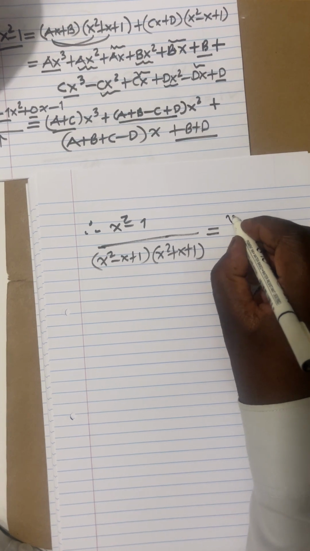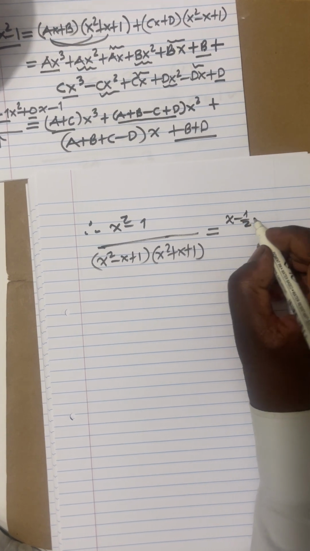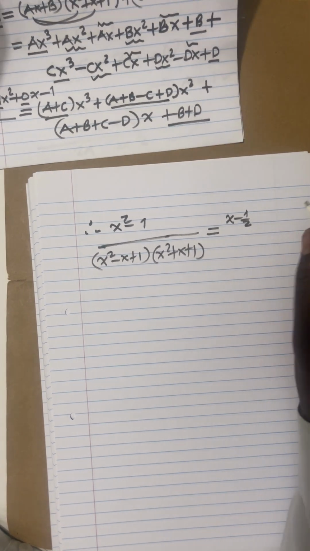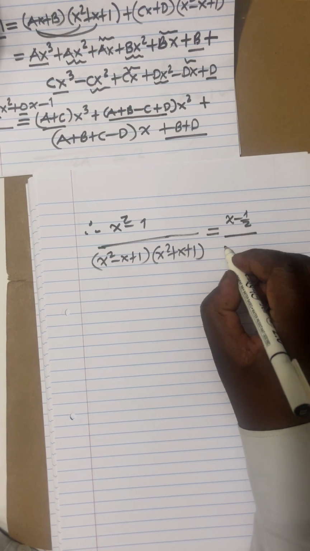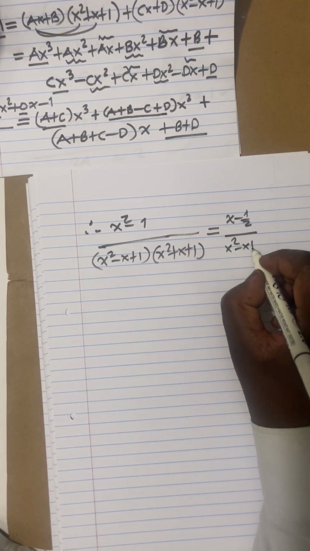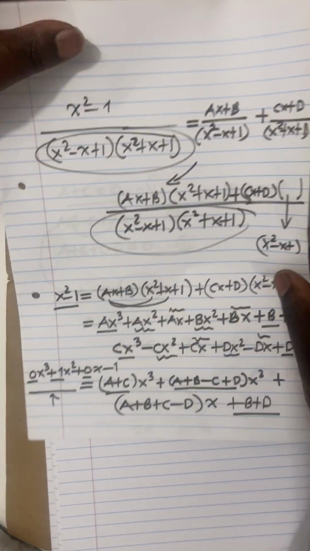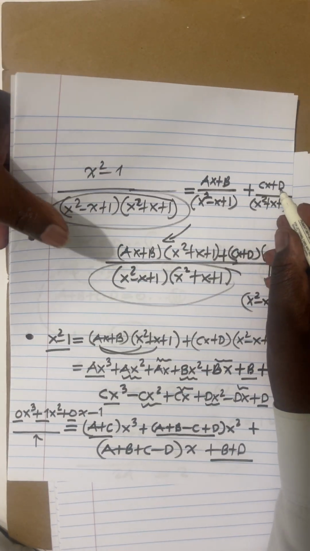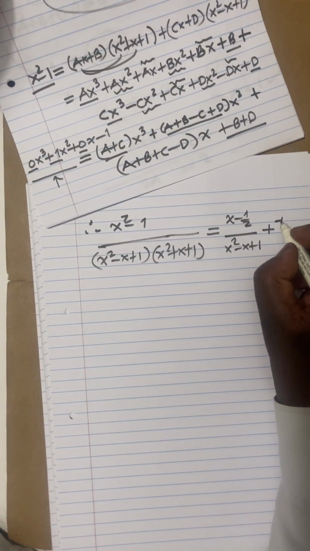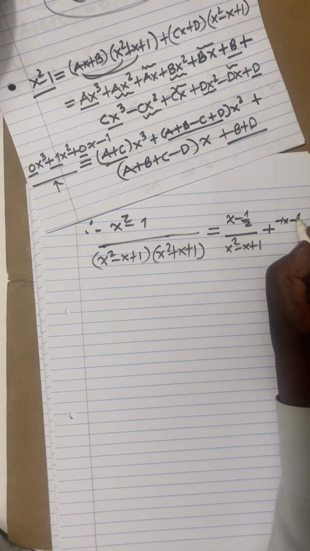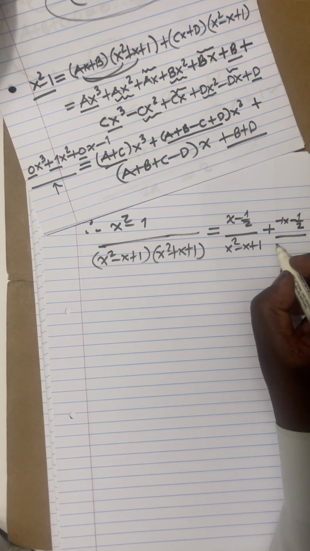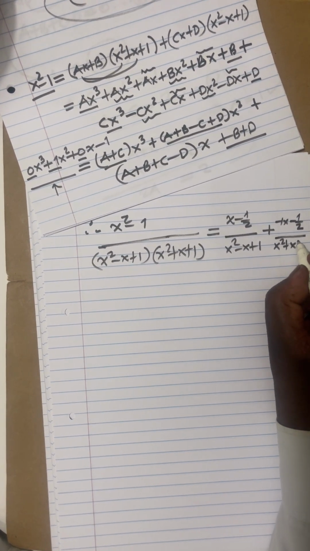So I'm going to have x minus half all over x squared minus x plus 1. And then the other part will be plus. Remember, c is minus 1 and d is minus half. So minus 1x minus half all over x squared plus x plus 1.